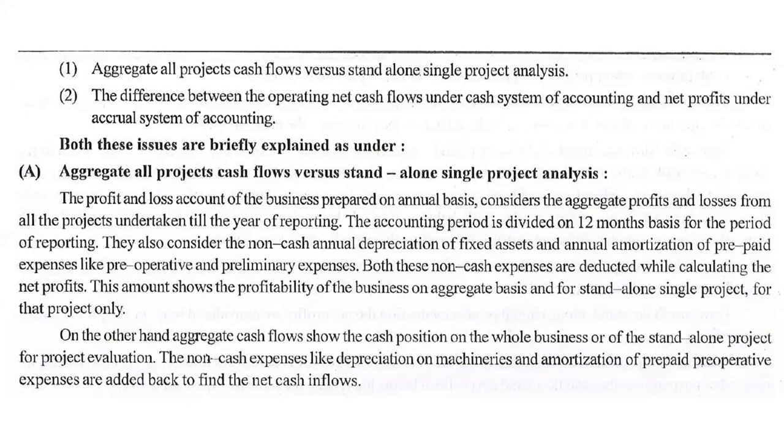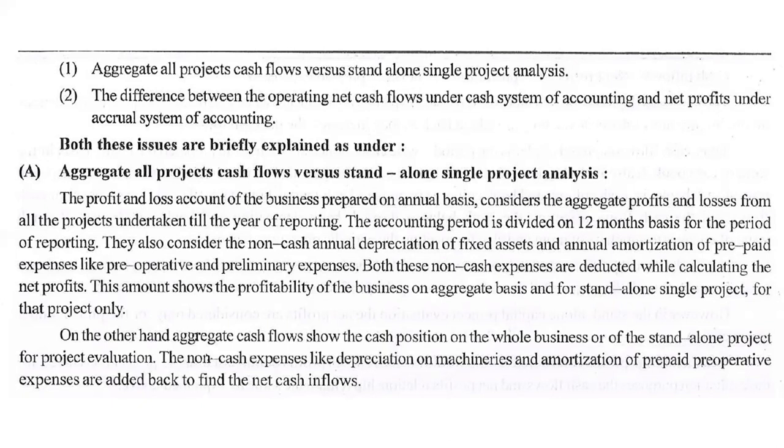So the profit and loss account of the business, prepared on an annual basis, considers the aggregate profit and loss from all the projects undertaken till the year of reporting. The accounting period is divided on a 12-month basis for the period of reporting.